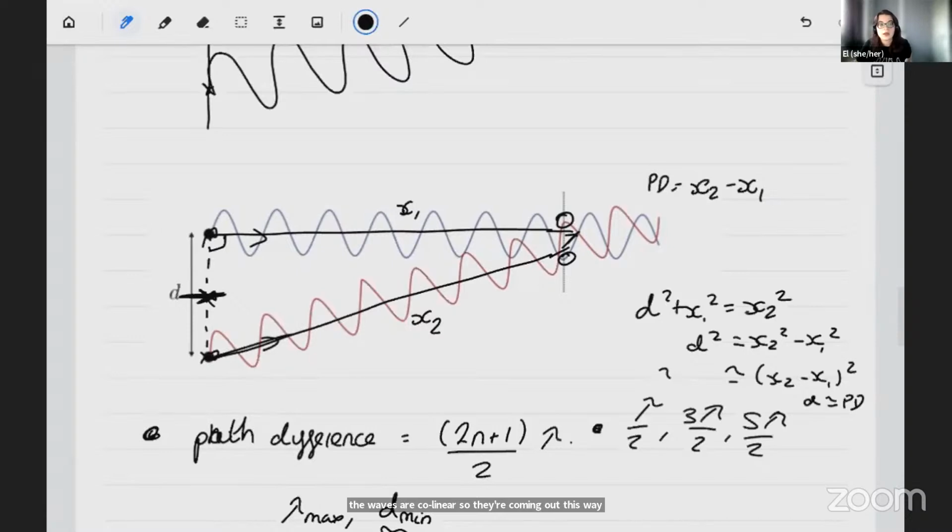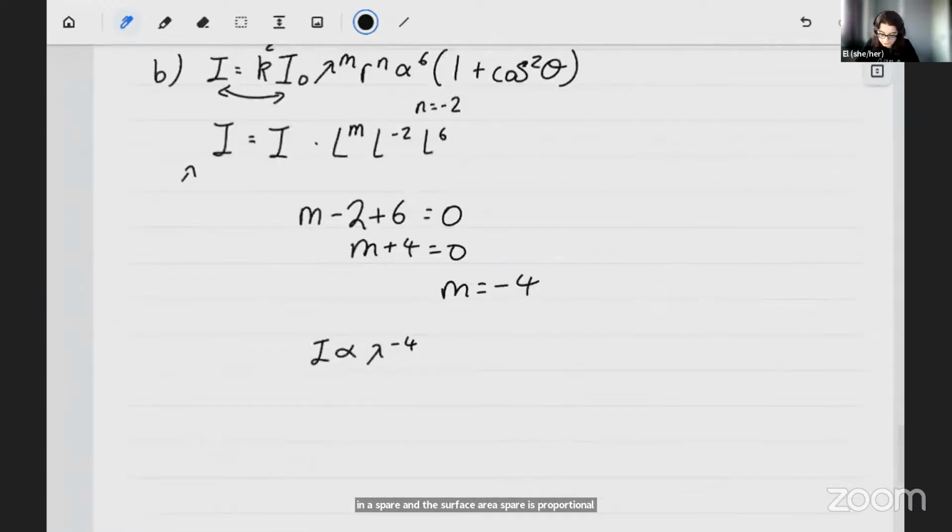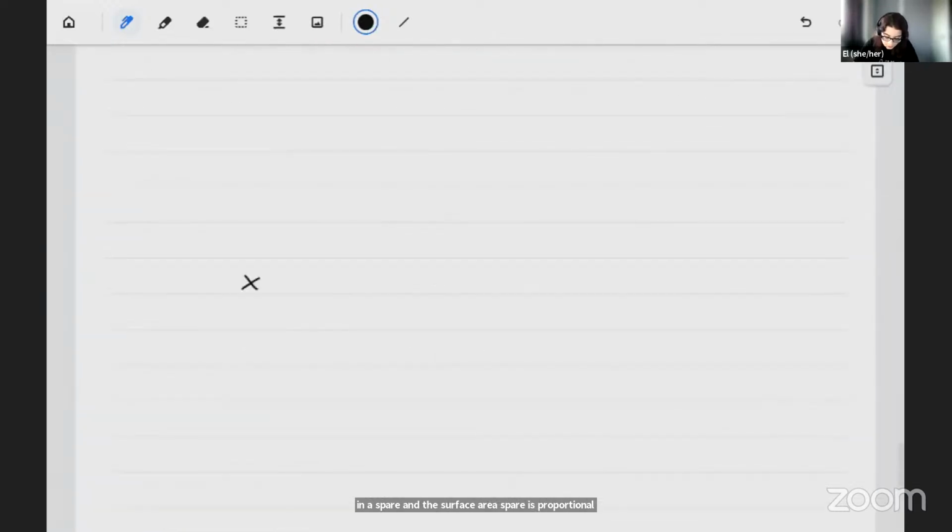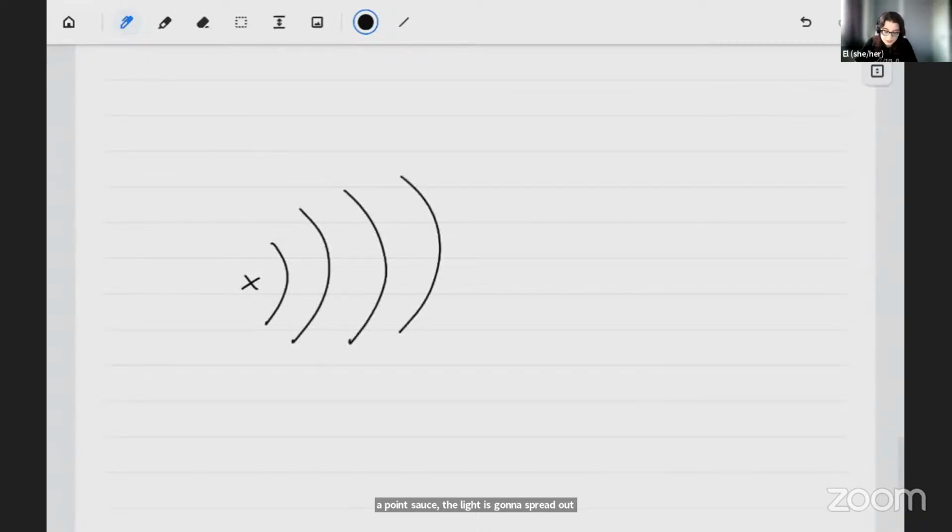I'm just going to use what Anna said. So the n equals -2 comes from the fact that the light spreads out in a sphere, and the surface area of the sphere is proportional to r squared. So if we think about a point source, the light's going to spread out like this, and the intensity at every point is going to be inversely proportional to the area that you're spreading it out over.